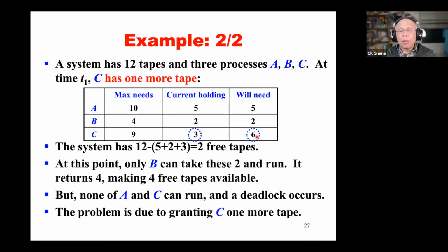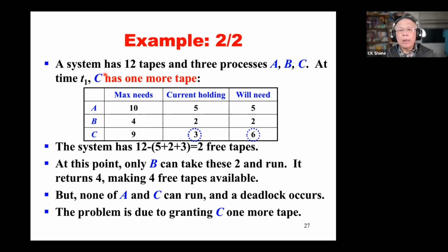So in this system, we don't have a safe sequence. And actually, it is a deadlock. Process A and process C cannot run. So why do we get this? It is because for some reason, the system allocated 1 more tape to C, causing the system to go from the previous safe state into an unsafe state, which here is actually a deadlock state.